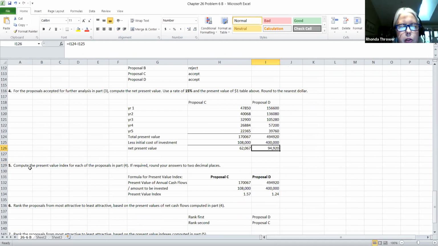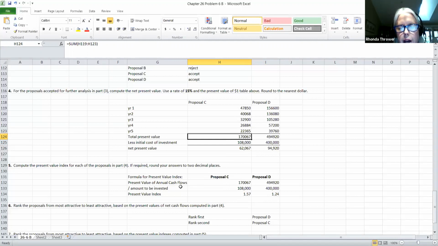In part 5, they want you to compute the present value index. So you need to know the formula to compute the present value index, which I've given you here. You're going to take the present value of the annual cash flows, which you already calculated in the previous example. For proposal C, it was $170,067.